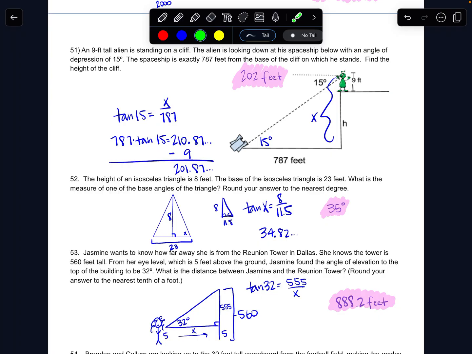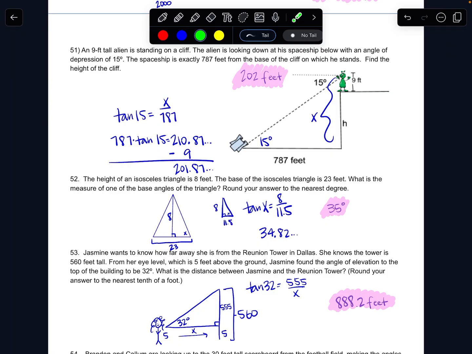So the tangent of 15 is equal to x over 787. Whenever I work all that out, I end up with 210.87. And then whenever I subtract the height of our little alien, we end up with that 201.8, which will round up to 202 feet.